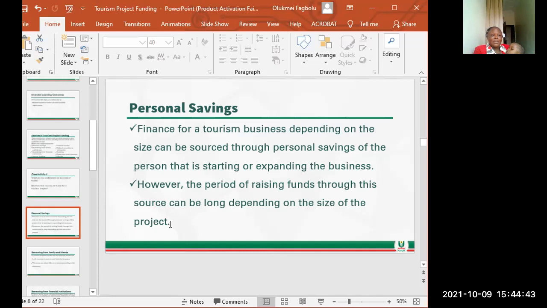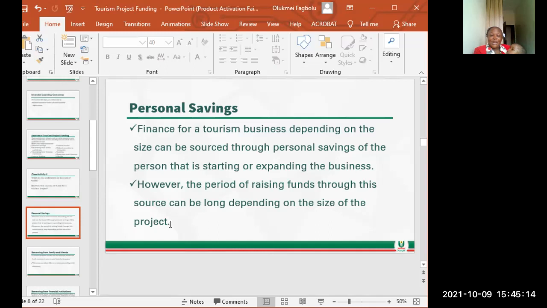But generally, for somebody who wants to establish an airline, how long will the person save even to buy an aircraft? Even to build a five-star hotel, or even a guest house of 20 rooms, or a motel, or a hostel, it's going to take long.